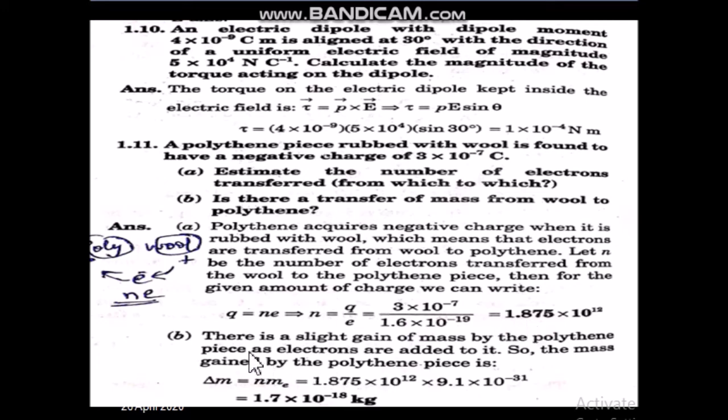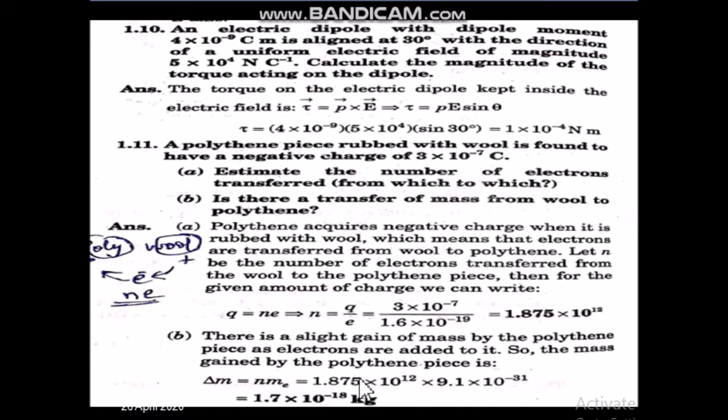Then it is asked, is there any transfer of mass from wool to polythene? So you can see yes, because from wool to polythene some electrons are shifting. So if n electrons are shifting, then n into the mass of one electron. n we have already obtained, and the mass of one electron is always 9.1 into 10 raised to power minus 31 kg.